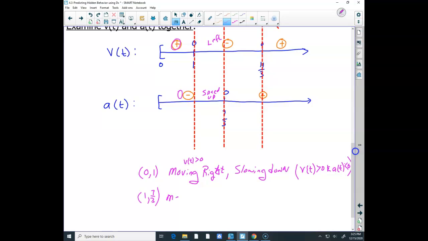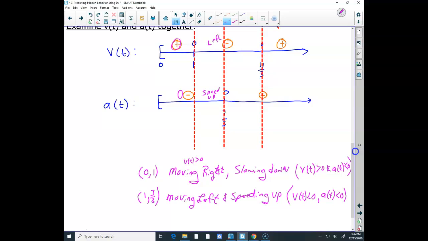So, moving left and speeding up. My justification is I'm moving left because v of t is less than 0, and speeding up because a of t is the same sign. Therefore, I'm moving left and speeding up.